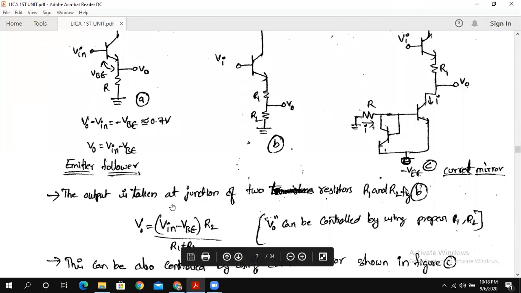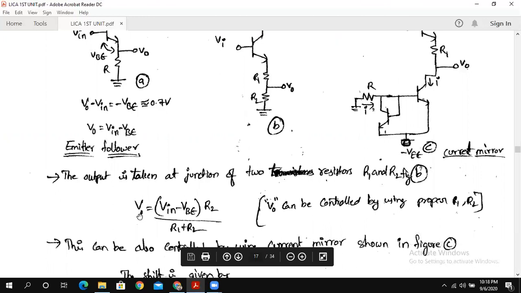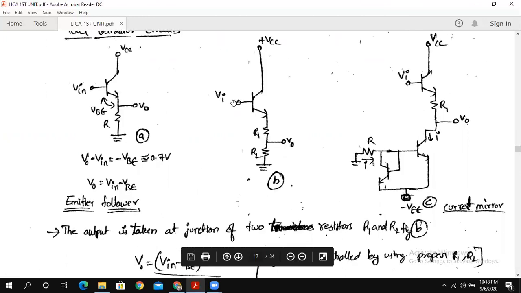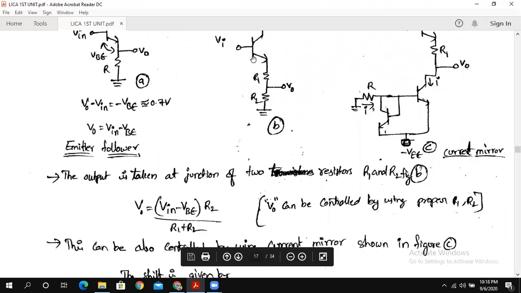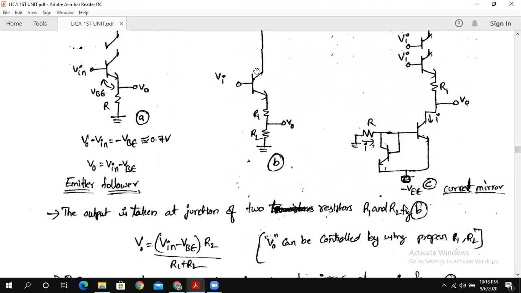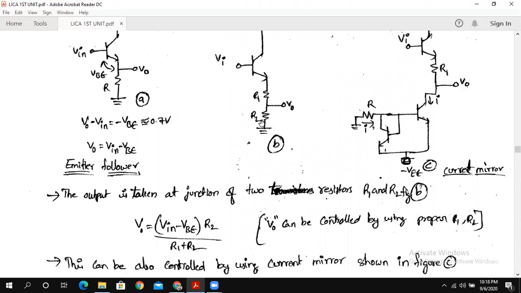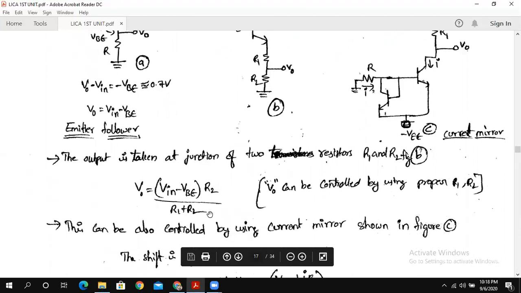The output is taken at the junction of the two resistors, R1 and R2. Now V0 is equal to the input voltage minus the voltage between base and emitter, VBE, into R2 divided by the total resistance in that path, R1 plus R2, by the voltage division rule.